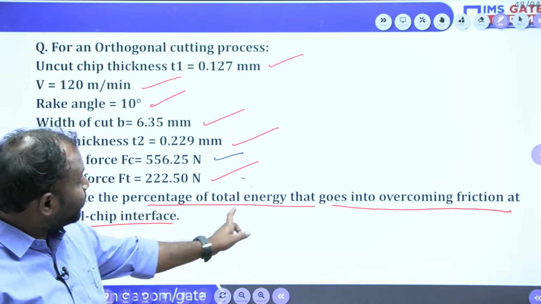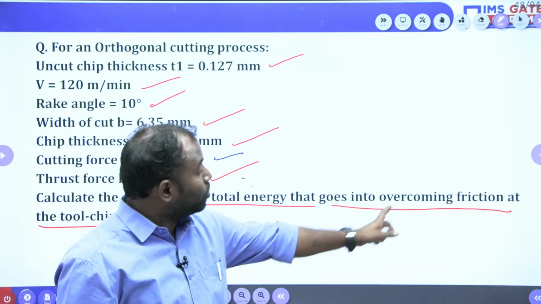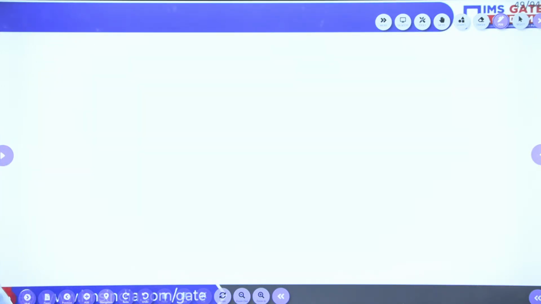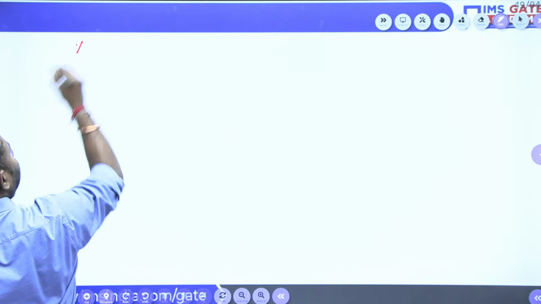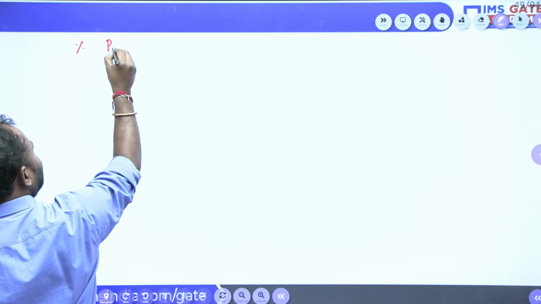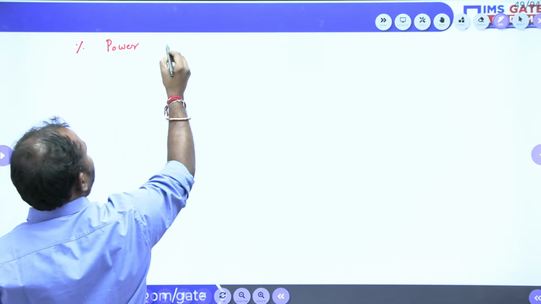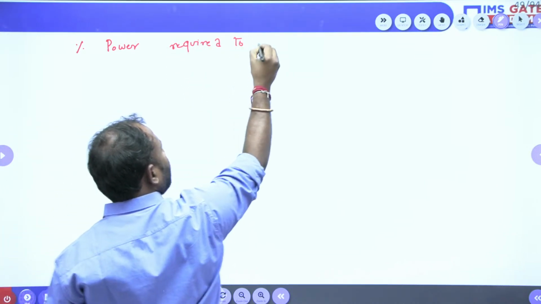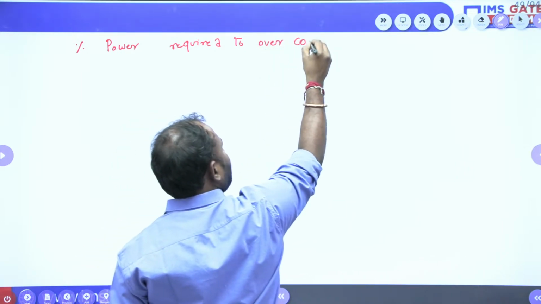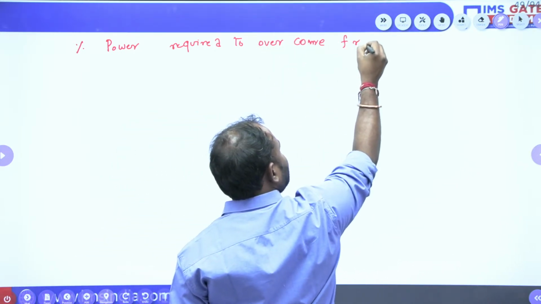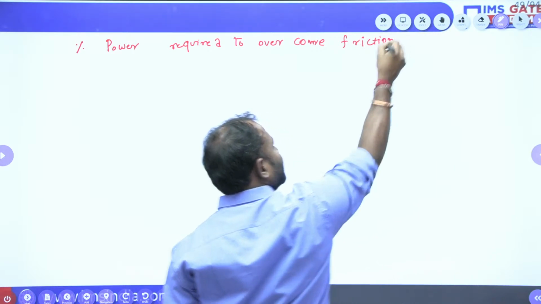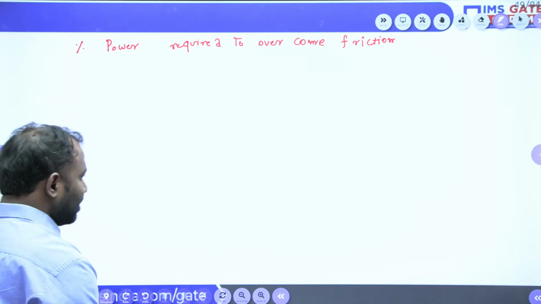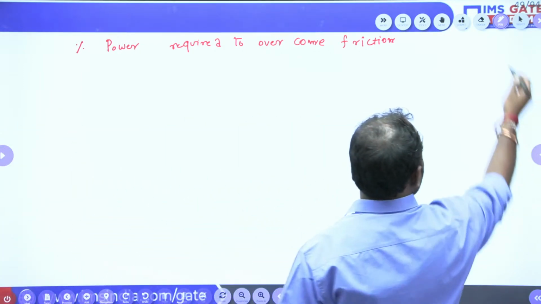Calculate the percentage of total energy that goes into overcoming the friction at the chip-tool interface. So the percentage of power or energy required to overcome friction. Now what is the total energy? Let us write the formula so that you will be able to understand that.